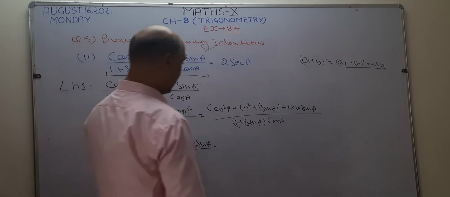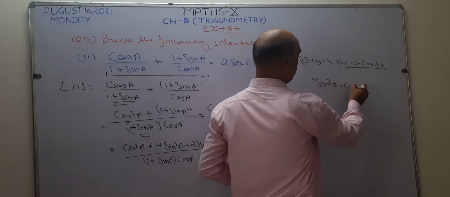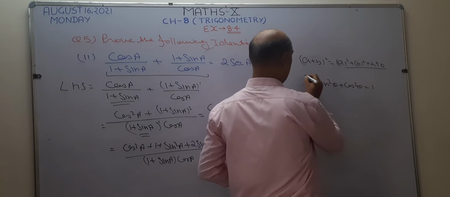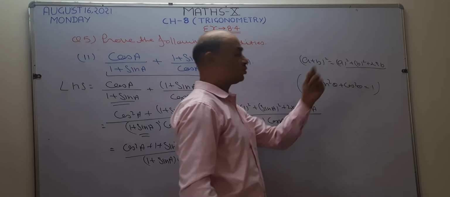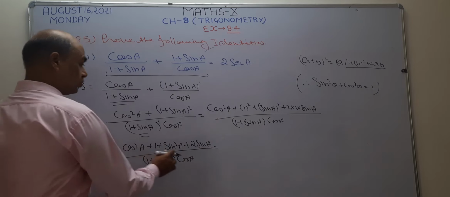Okay. Now I want to use one identity. Which identity? Sin square theta plus cos square theta is equal to 1. You know, sin square theta plus cos square theta equals 1. I want to use this identity in this question. Now I take the square part first.